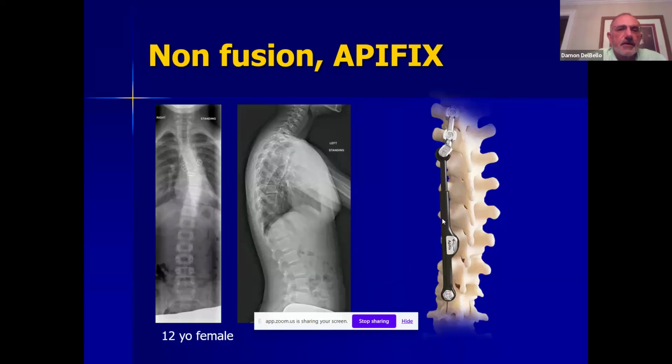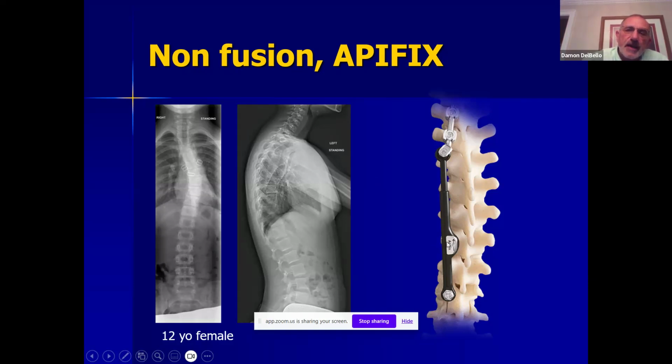New on the market, I've just started using this about a year ago, is something called ApiFix. It is a device that attaches at the bottom of the curve and at the upper end of the curve. These are universal joints, and there's a ratchet in here.